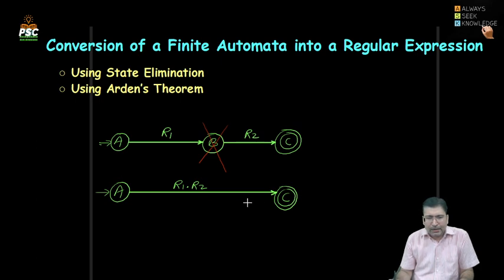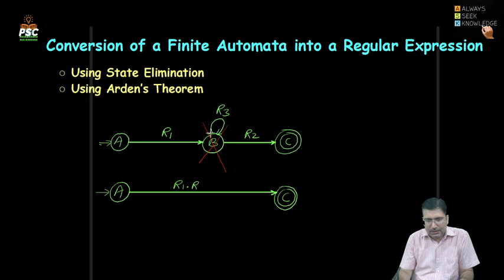Now if I assume that there was a loop on B, and let's say the regular expression on that loop is R3. In this case, if we eliminate the state B, what will we write? R1 is there.